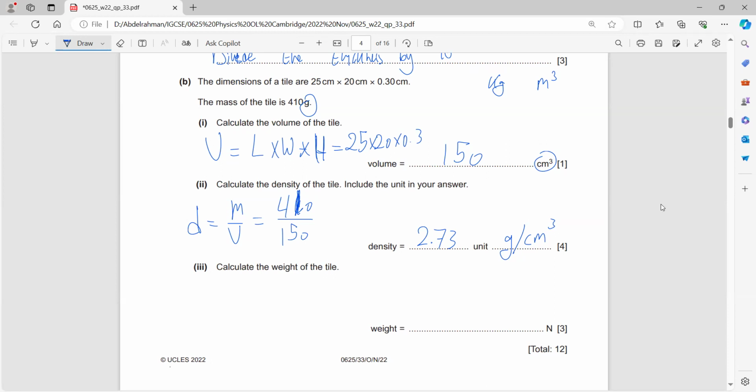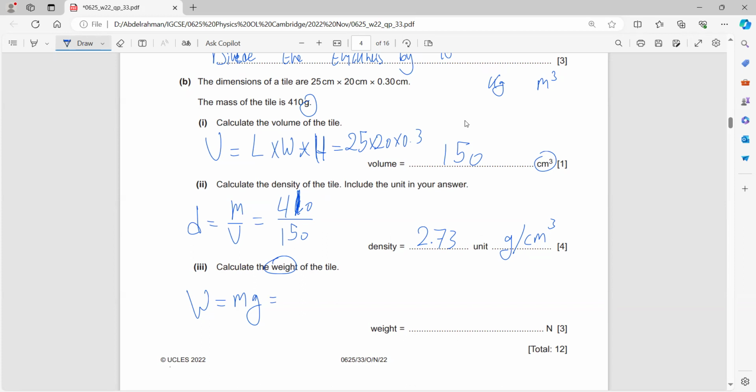Calculate the weight of the tile. Weight equals mg, mass times g. What's the mass? 410 times 9.8? No, it will be 0.41. The mass here is for the weight, so as we just said, whenever I have the weight I must use the mass in kilograms.